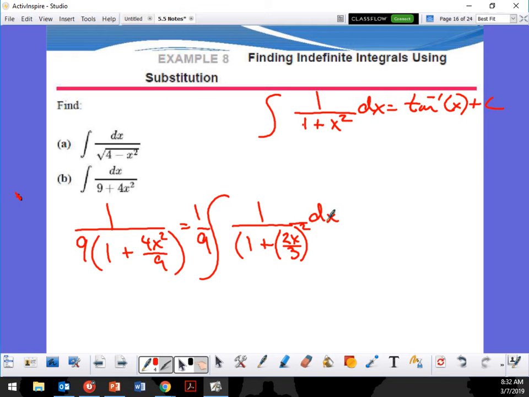All right, so now from here, this is going to turn into 1/9 arctan of 2, I said 2 and I still wrote 3, so 2x over 3 plus c. Yeah? Good?